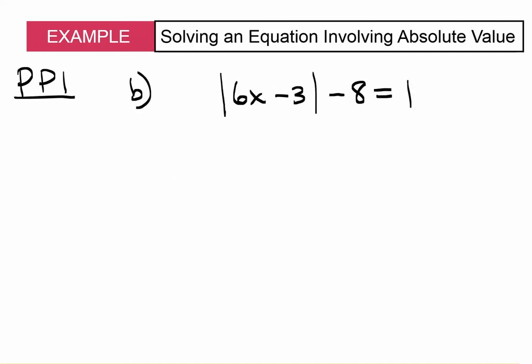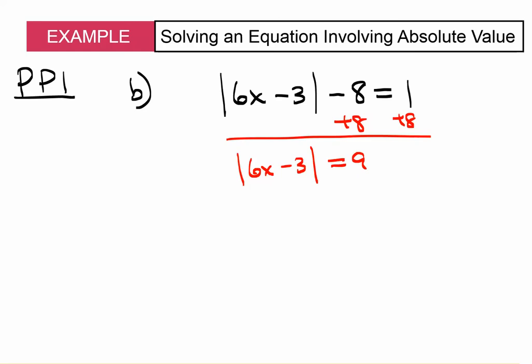And then the next one, what we see from here is before we can split them off into a negative and positive case, we have to get the absolute value all by itself on one side of the equal sign. So in this case, before we even split it off, we have to add the 8 to both sides. Alright, now we can split it.